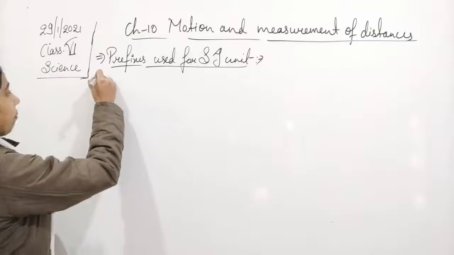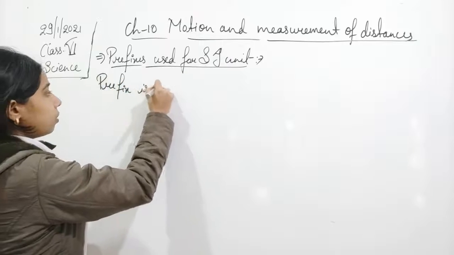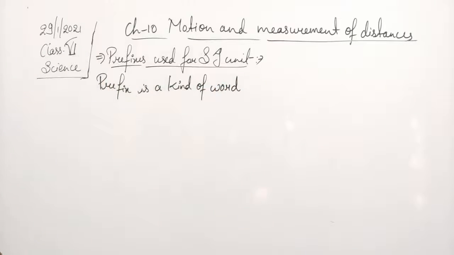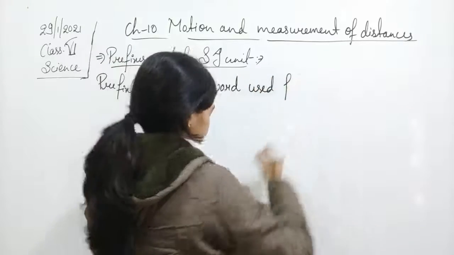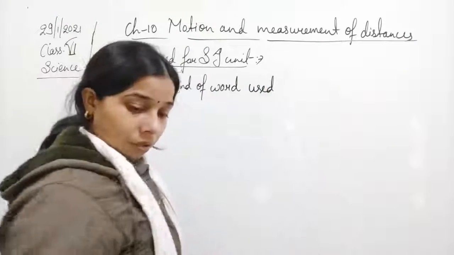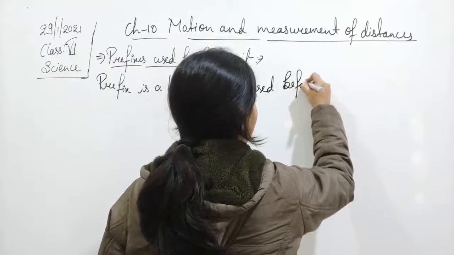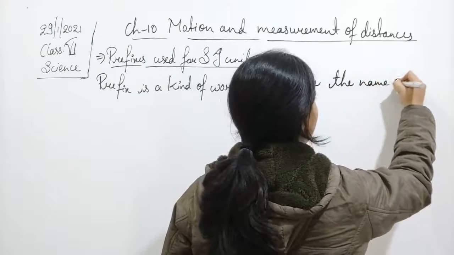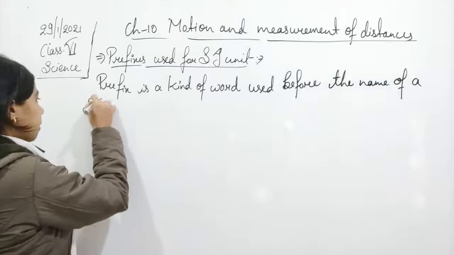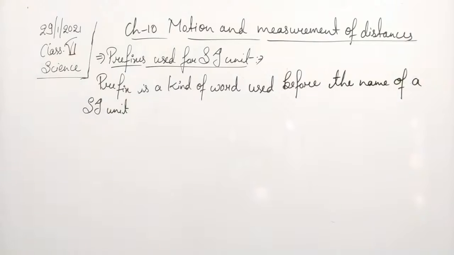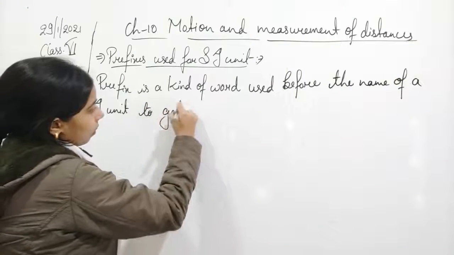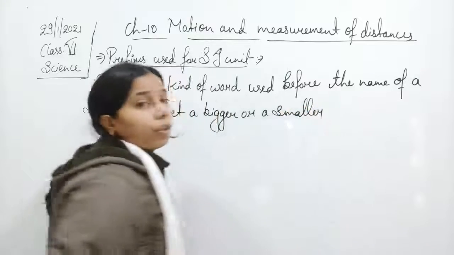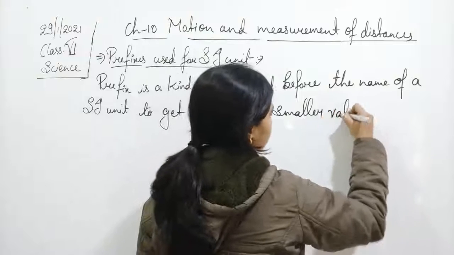So here we can write that a prefix is a word used before the name of an SI unit to get a bigger or a smaller value of the unit.